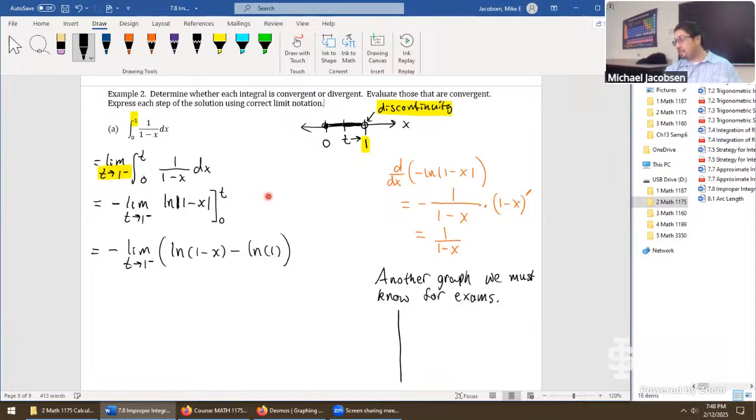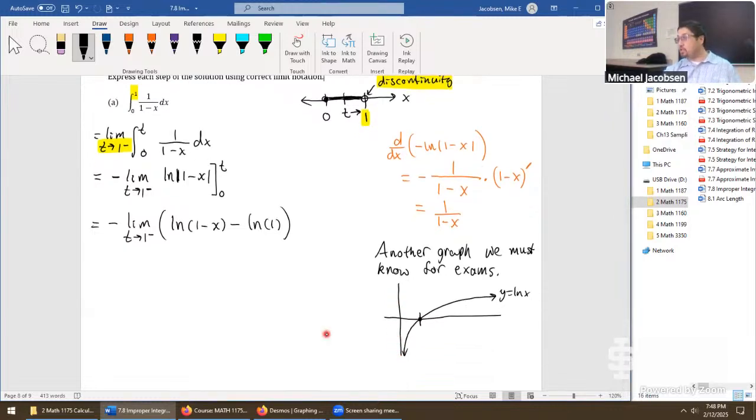So natural log x goes first through an intersection right exactly at 1. Then it's an increasing function, goes off like that. Increases without bound, just very slowly. But what we've revealed is there is a vertical asymptote, equation x equals 0. It tells us a lot too.